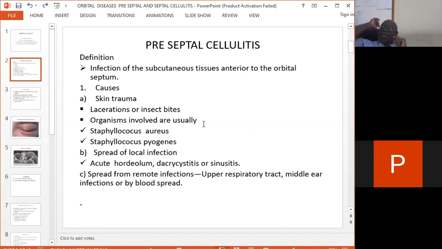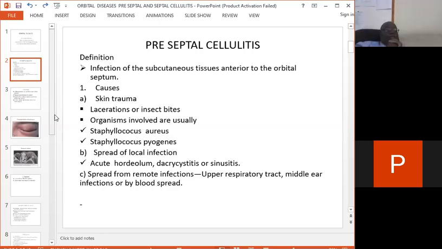We'll start with a condition called preseptal cellulitis. Preseptal cellulitis, if you look at the anatomy, which is not here, there is a septum separating the outer side and the inner side of the orbit, a fibrous septum.